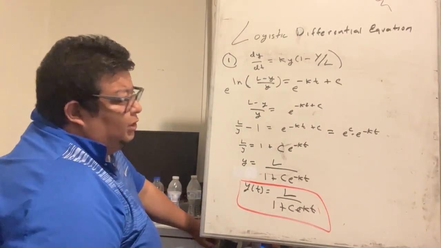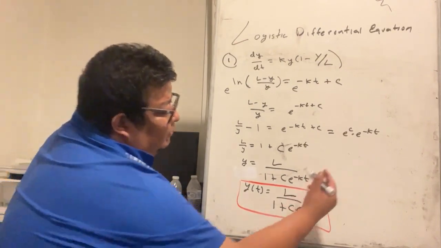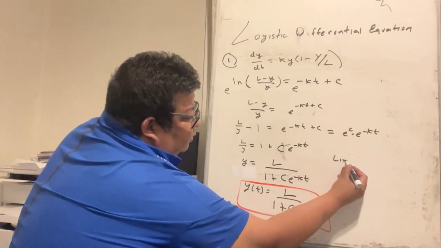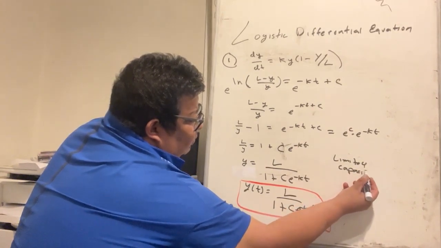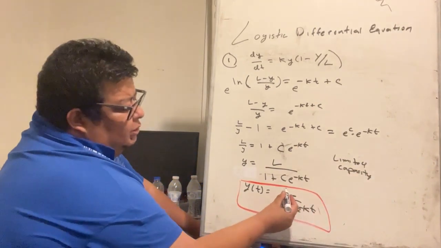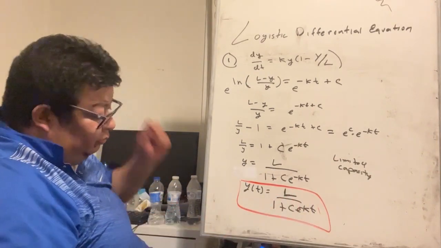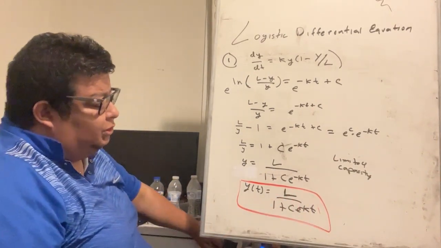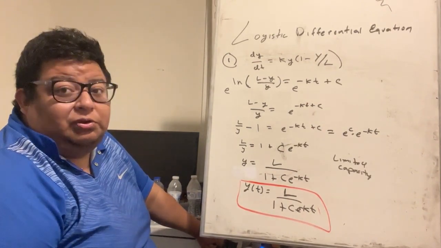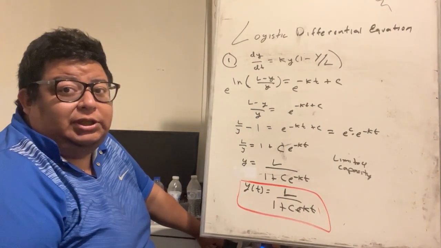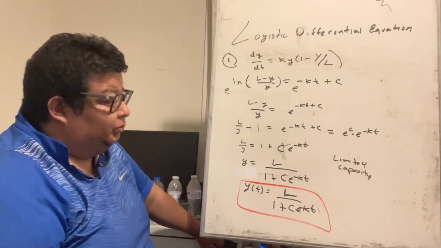And remember, in this logistic model, we have limited capacity, and that is determined by L. What that tells you is that this model prevents growing indefinitely, because we're going to reach a limit.